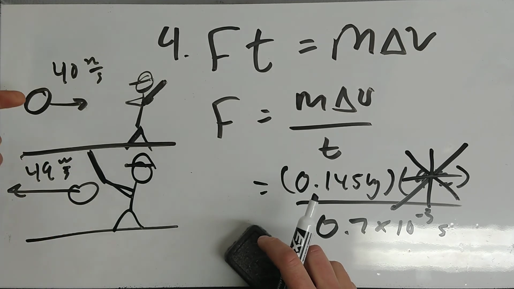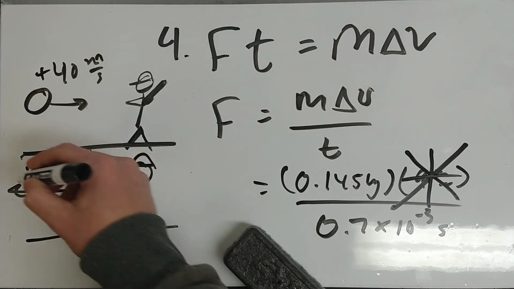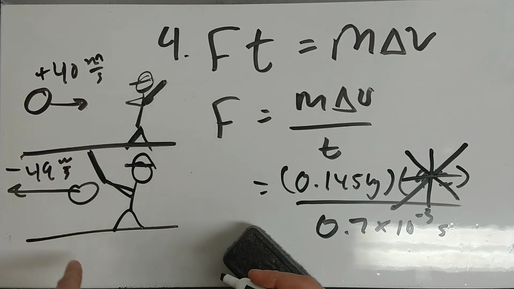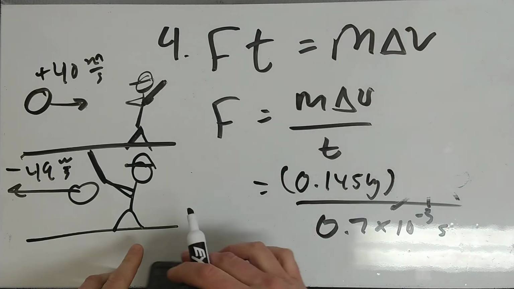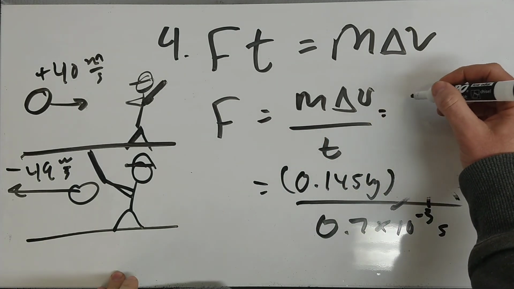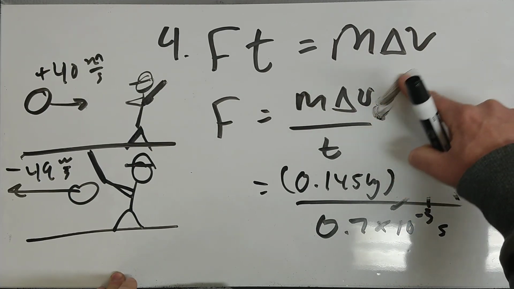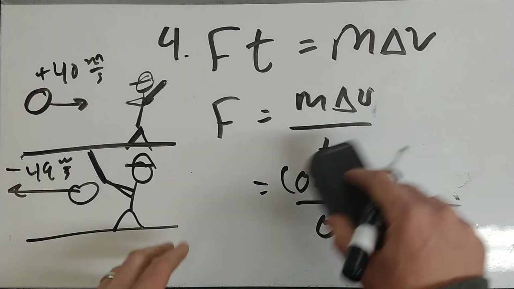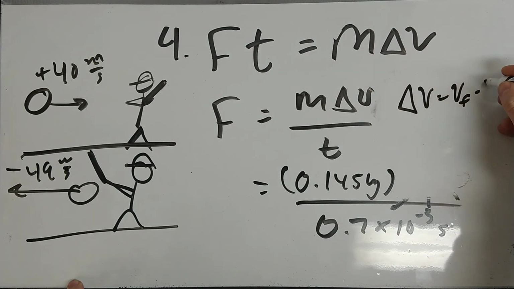You can see the initial velocity is positive the way I drew it, and the final velocity is negative the way I drew it. So when you do M delta V here, the change in velocity, delta V, let me just put a delta V off to the side here. The change in velocity, V final minus V initial.